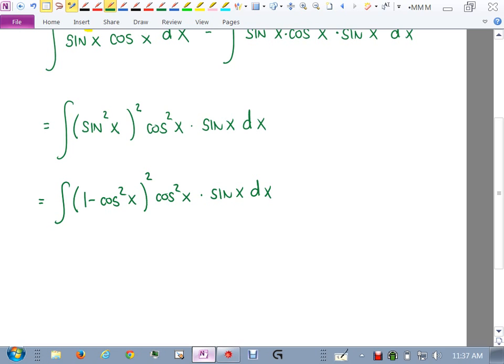I know that's the derivative of cosine, and everything else has cosines there. So let's make a substitution right here. A basic substitution. No integration by parts, right? Basic substitution. u is equal to cosine x. The derivative of u is negative sine x dx. Is that all right?